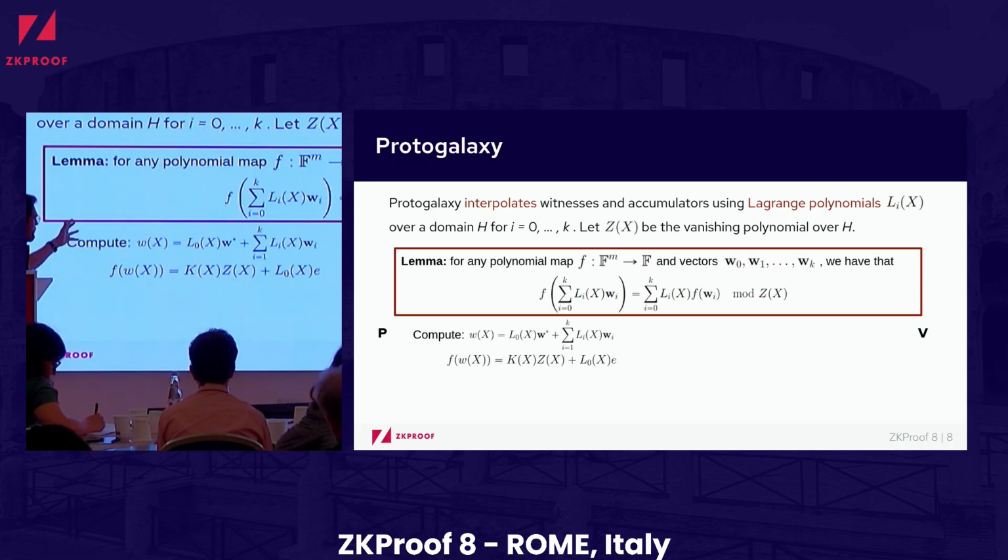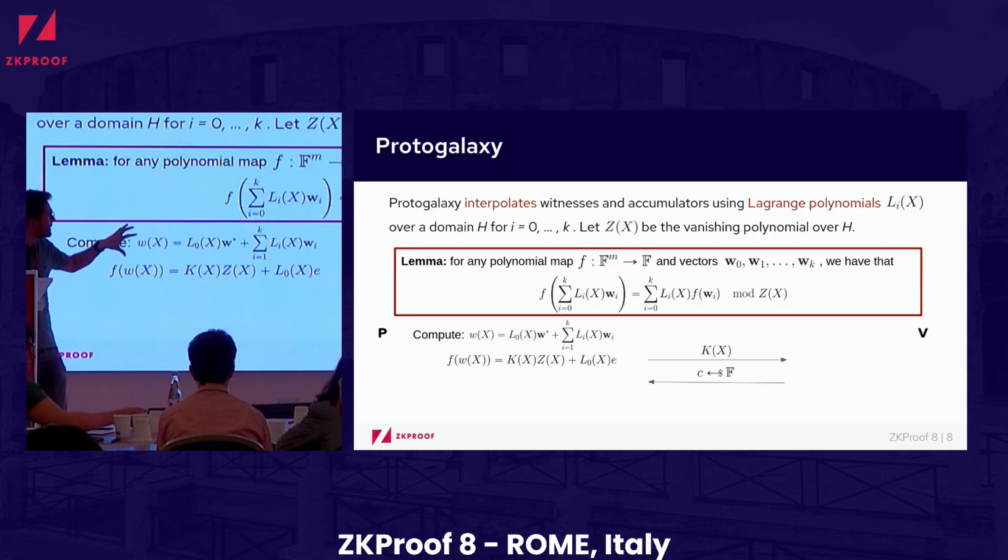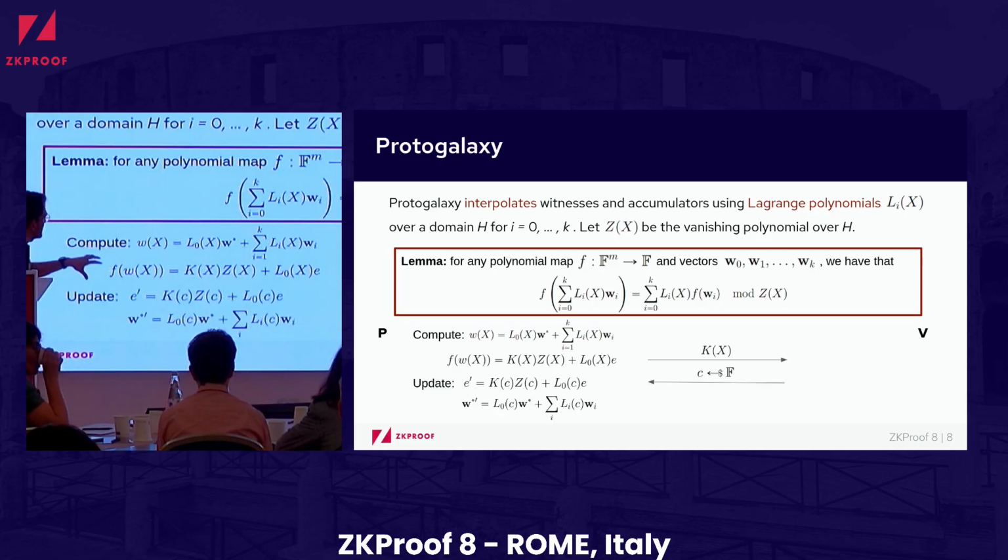The prover computes the interpolation of the witnesses, this interpolation polynomial. It computes the error function. It already uses the lemma to compute the quotient polynomial, modulo Z of x, plus the offset. And it sends the quotient polynomial only to the verifier, instead of sending the whole error polynomial. And this is the part that gives us soundness. The verifier just replies with the challenge, and the prover can update with exactly the value that should correspond in case all the witnesses were honest.